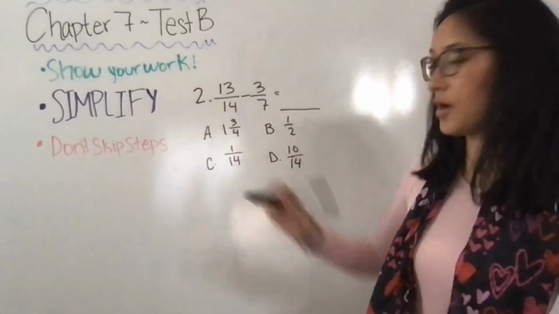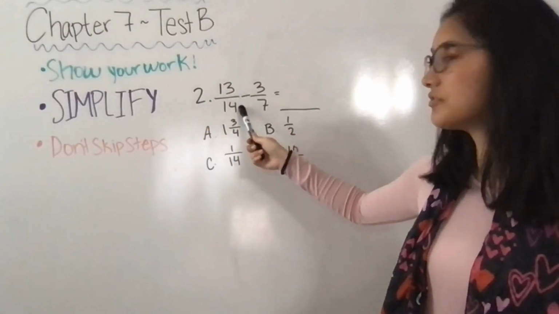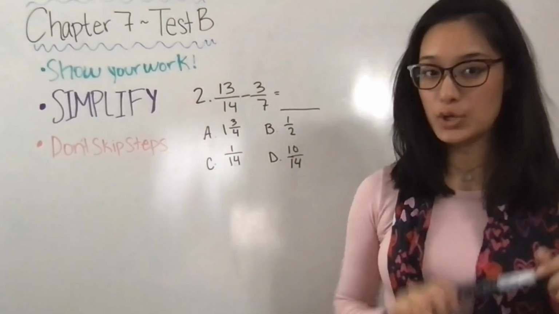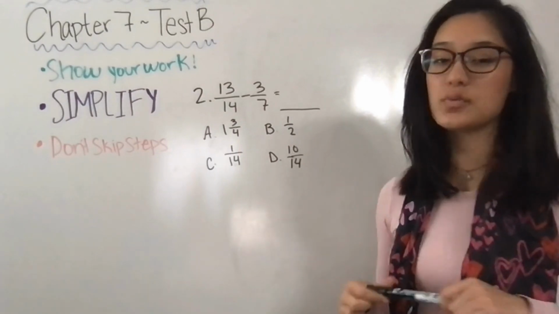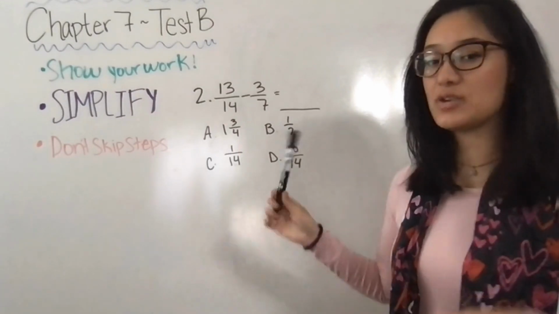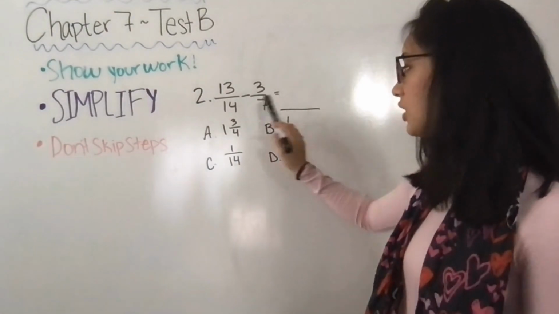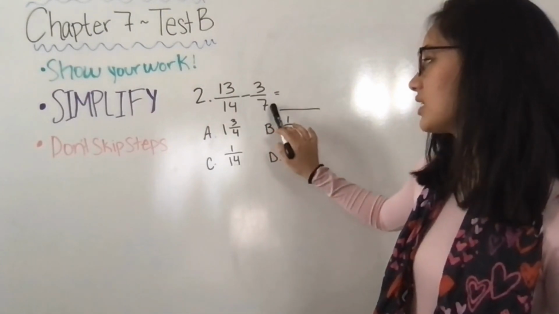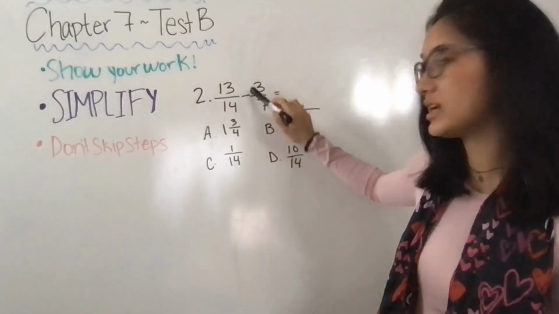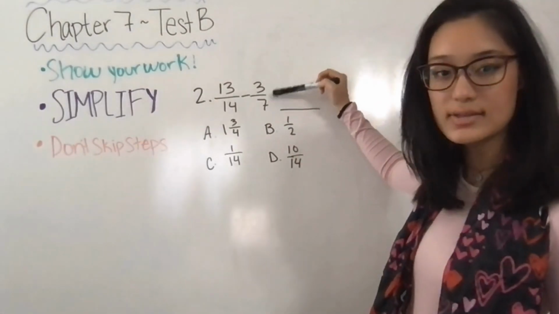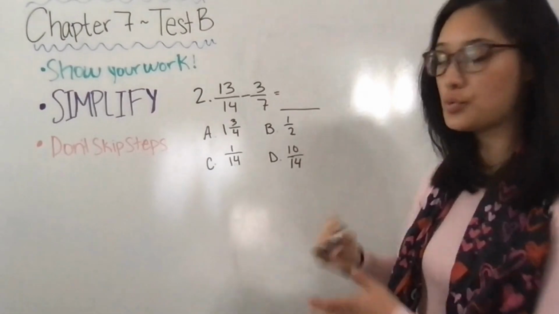Our second problem is 13/14 minus 3/7. Now again, you know that your first step when adding or subtracting fractions is that you have to make the common denominator. So you know the common denominator can't be 7 because you can't break 13 down in half to be 7. But what you can do is multiply 7 by 2.